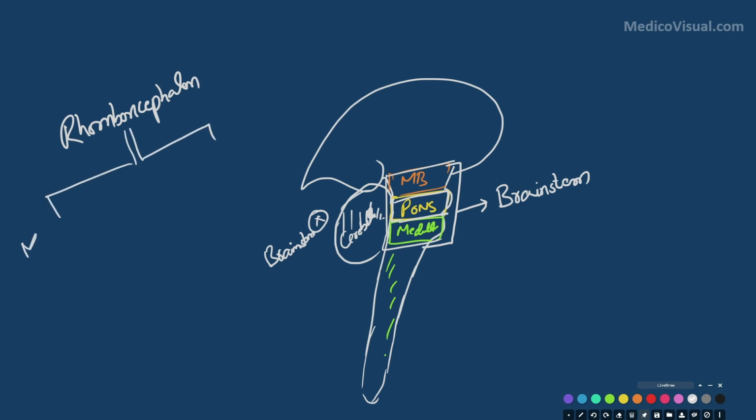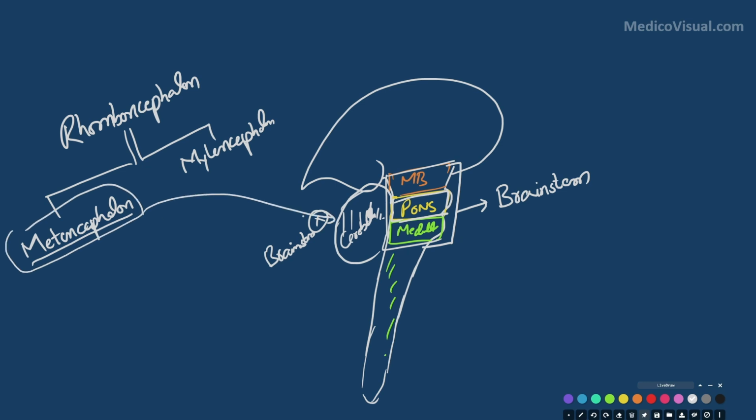We have discussed these things previously as well: metencephalon and myelencephalon. Now the metencephalon forms the pons as well as cerebellum, while the medulla oblongata is derived from myelencephalon.